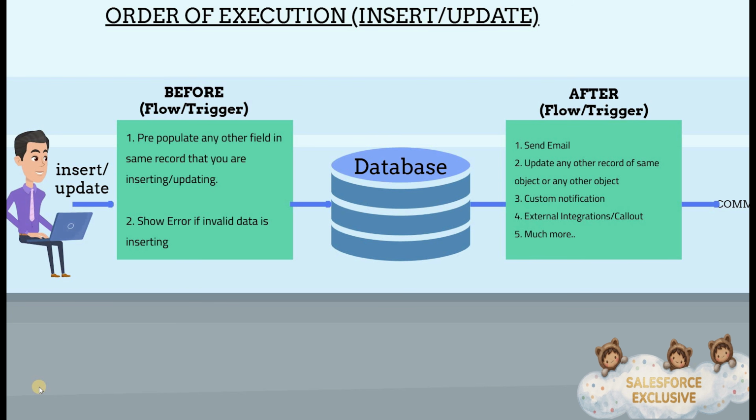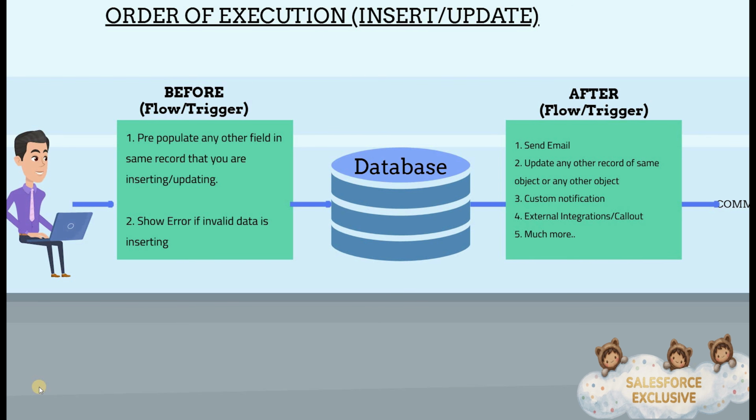Here, there is a very clean set of items that you can do or you should do for before flow. There are only two things. One is if you want to pre-populate any field value of the same record which is getting inserted or updated, you need to do it in before flow. And you can also have some validations that you can do in before flow.